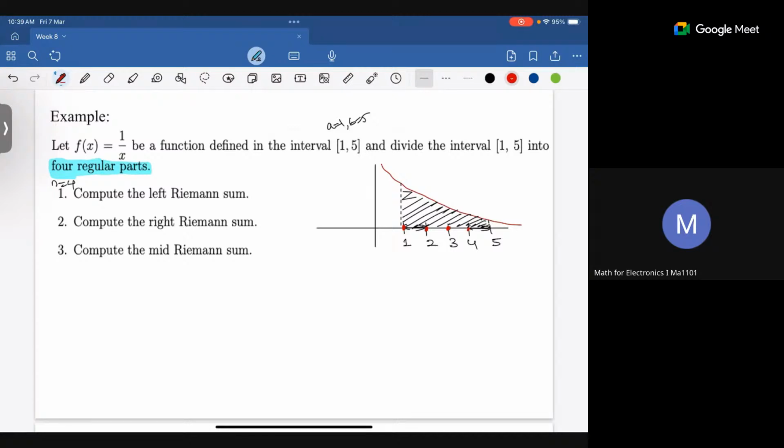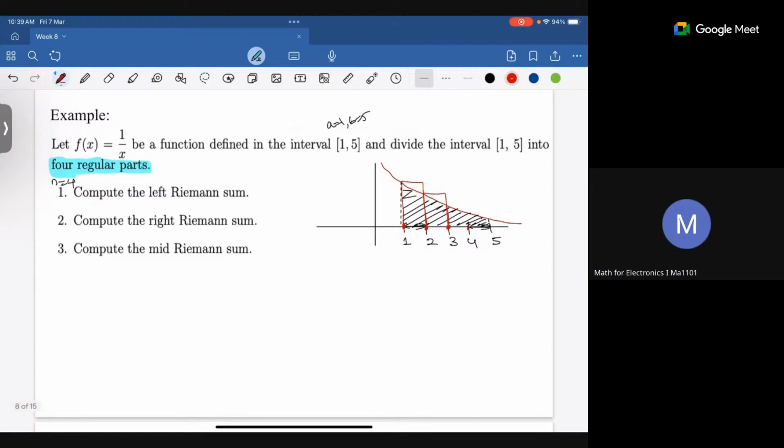I don't have to choose 5 anymore. So I have to compute f of 1 and construct a rectangle. I have to compute f of 2 and construct this rectangle. I have to choose 3 for the third rectangle's height and construct the third rectangle. I have to choose 4 for the height of the fourth rectangle.